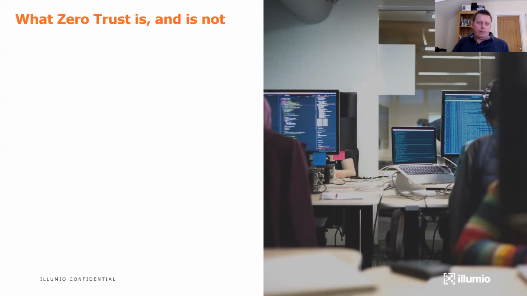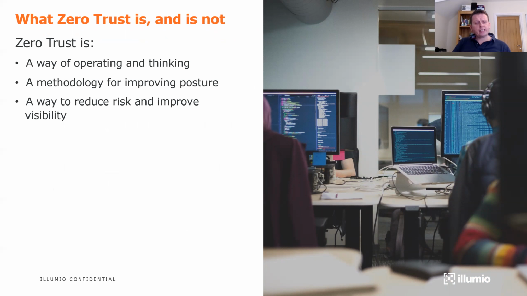Okay, so what is zero trust and what is it not? This is also important, because there are a lot of misconceptions about zero trust. But if you think about what it is and what it isn't, then you can start to think about how you're actually going to operationalize this in your organization. So zero trust is a way of operating and thinking. It's a methodology for improving the maturity of your security posture. It's definitely a way to reduce risk in your environment, and it's also a way to improve visibility, which is actually important.